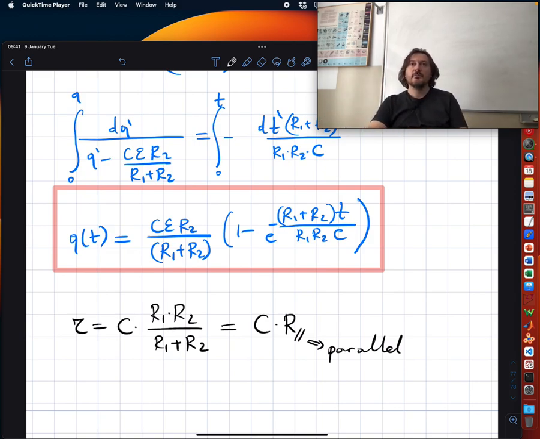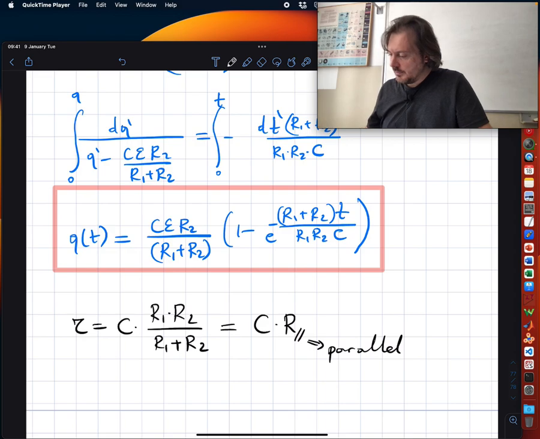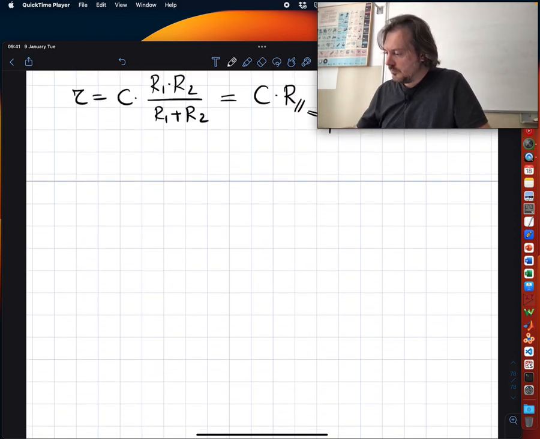Can we solve a question that contains multiple capacitors? Yes, sure. They are usually easier, but this is a good question. So let's solve one.